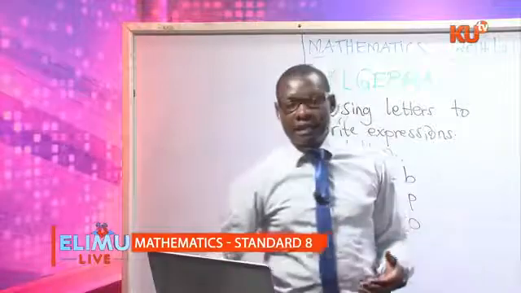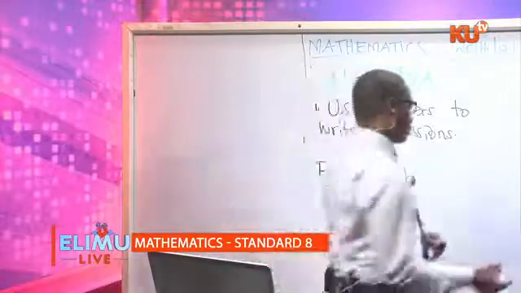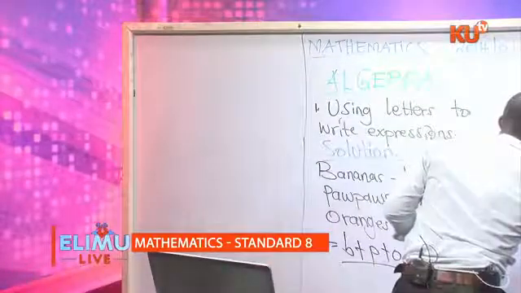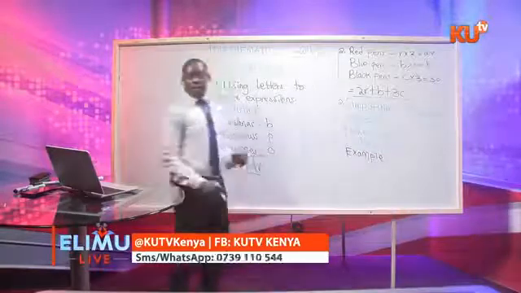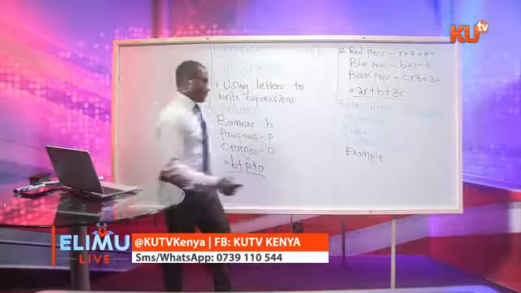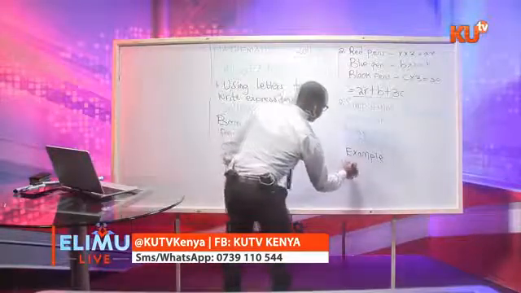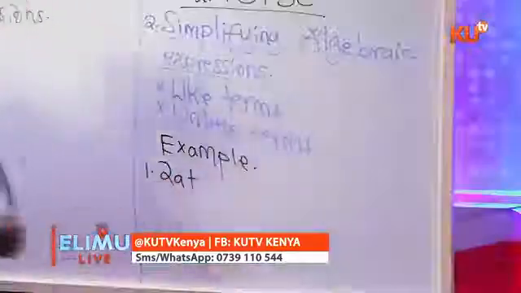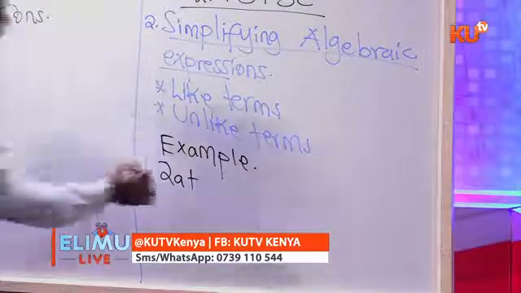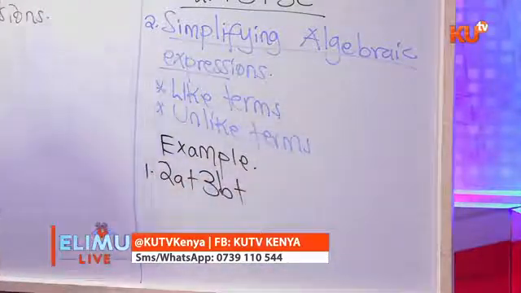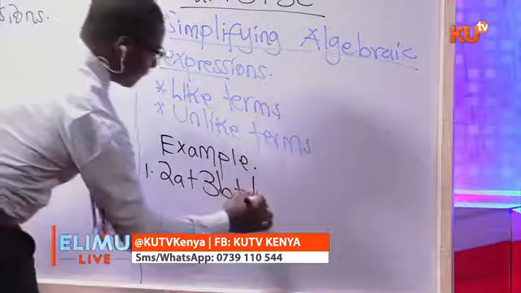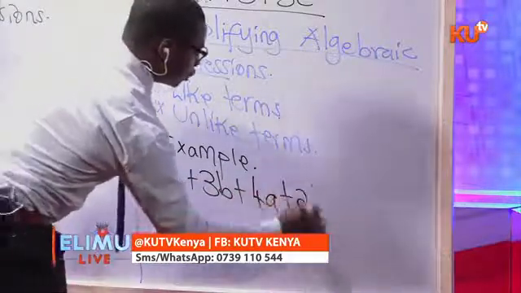So let's look at an example of this. We have a question, 2a plus 3b plus 4a plus 2b.